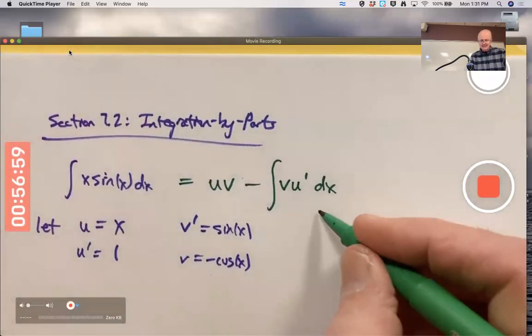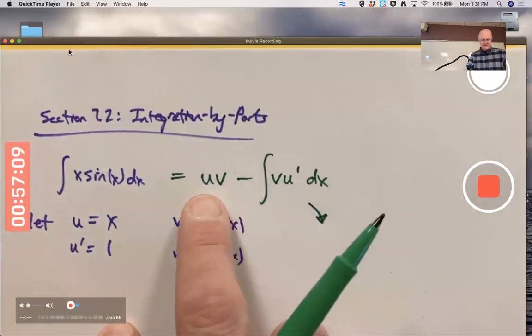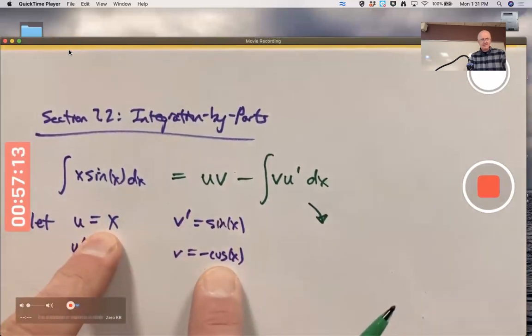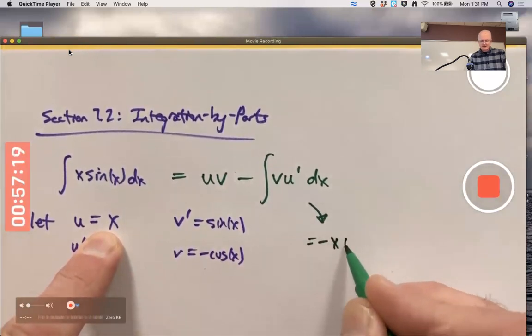Use the formula. Again, it's mysterious. I haven't told you why it works. It's definitely mysterious at the moment. It says first do u times v. Multiply these two things. Look where I'm pointing. Multiply those two things, x times negative cos x, to get negative x cos x.